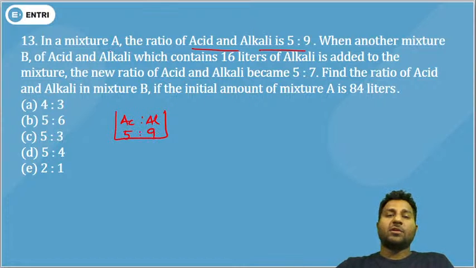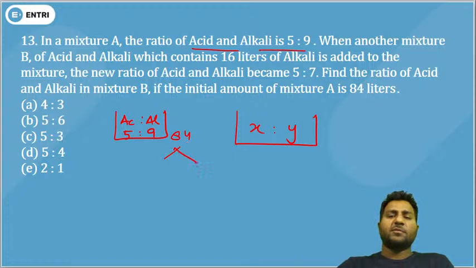When another mixture B of acid and alkali, which contains 16 liter of alkali, is added to the mixture, the new ratio of acid and alkali becomes 5:7. Find the ratio of acid and alkali in mixture B if the initial amount of mixture A was 84.